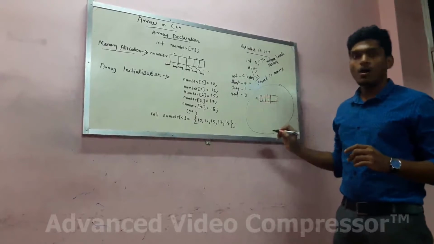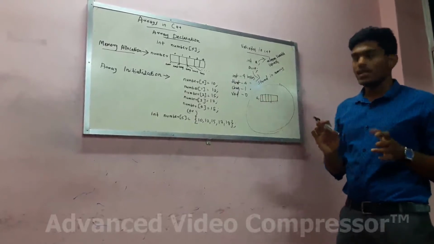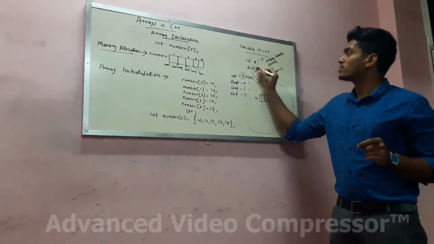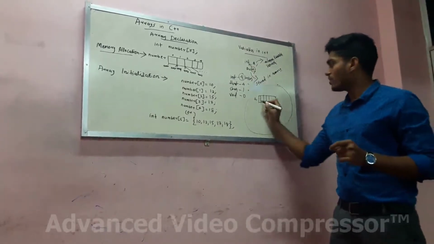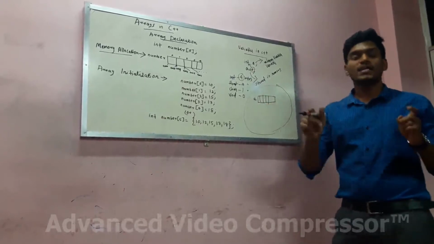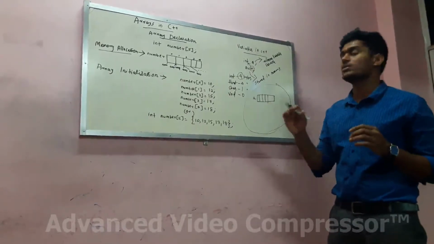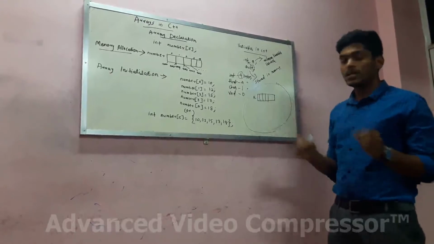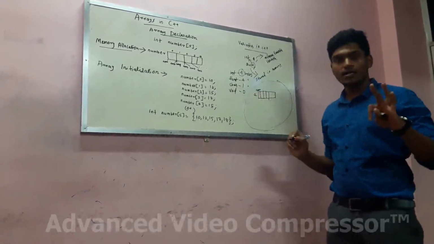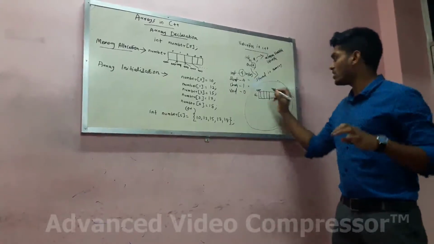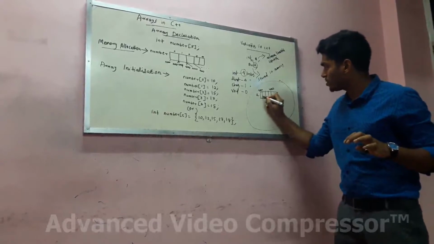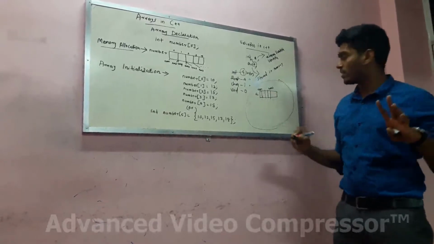This variable holds the data 10, and 10 will take 4 bytes of memory because 10 is of type integer. So the first 4 bytes of memory will be taken by a, and the memory address will be a random number which is generated by the computer itself. Here we are taking 4000. So 4000, 4001, 4002, 4003. Each location takes 1 byte of memory.